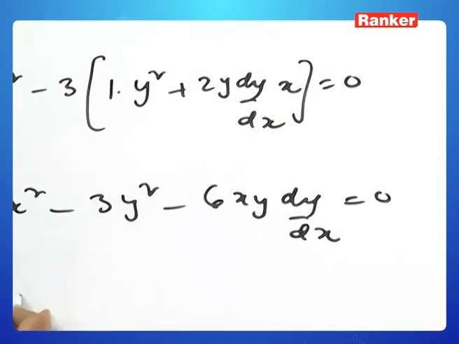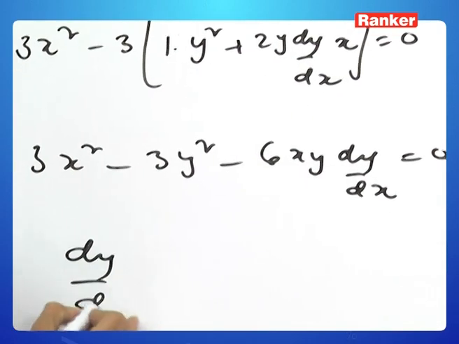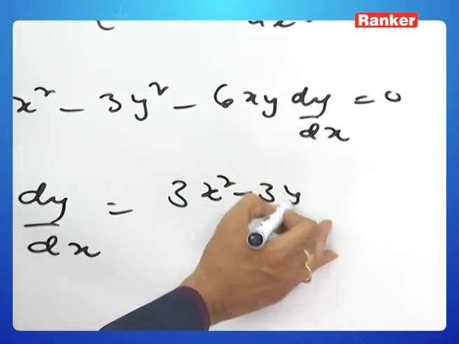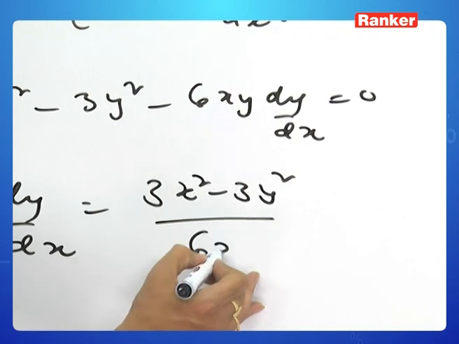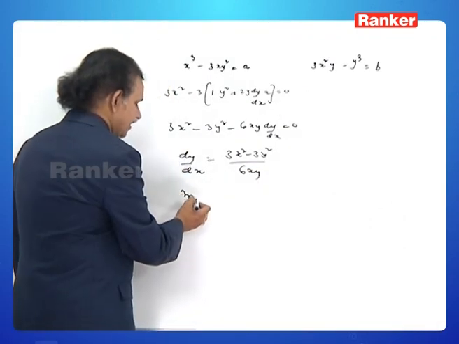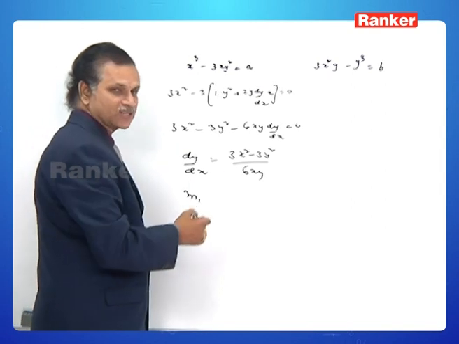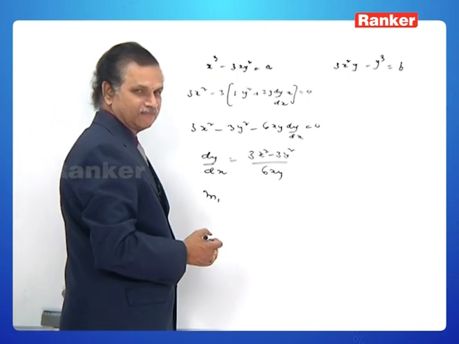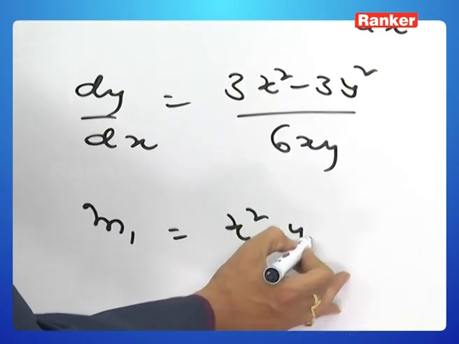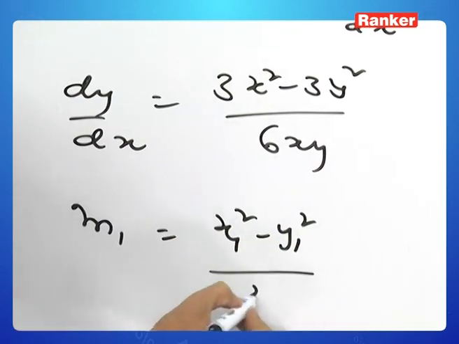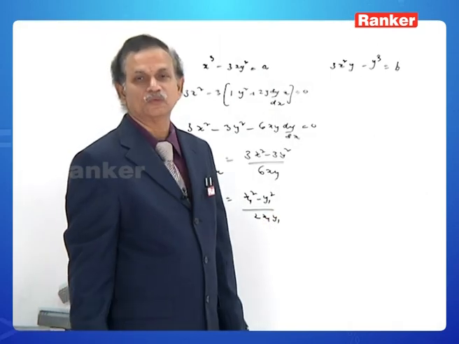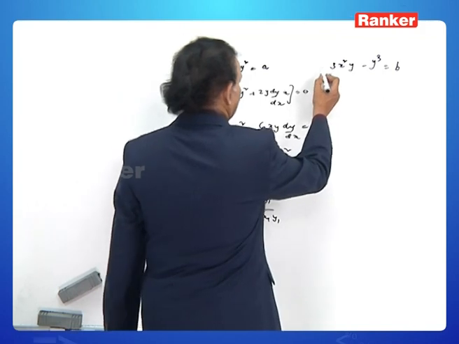From this, dy by dx is equal to 3x square minus 3y square by 6xy. That is the slope of the tangent at x1, y1 on the first curve. Let me represent it with the symbol m1 is equal to x1 square minus y1 square by 2x1, y1.